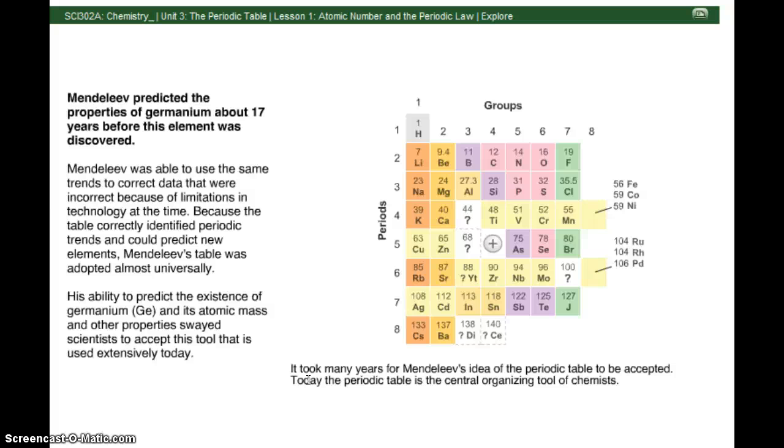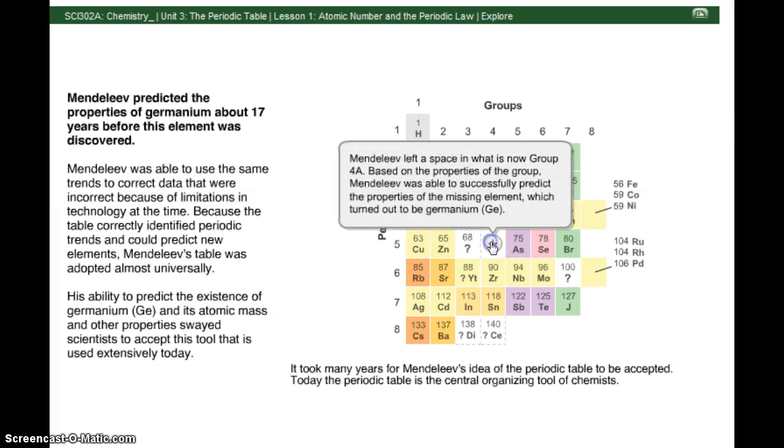His ability to predict the existence of germanium, Ge, and its atomic mass and other properties swayed scientists to accept his tool that is still used extensively today. So he didn't have microscopes, he didn't know about electrons, and yet he could still do this. It's really impressive. It took many years for Mendeleev's ideas of the periodic table to be accepted. Today, the periodic table is the central organizing tool of chemists.